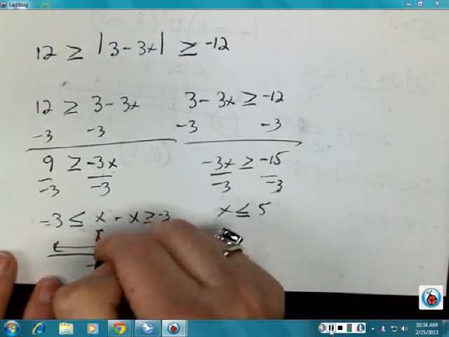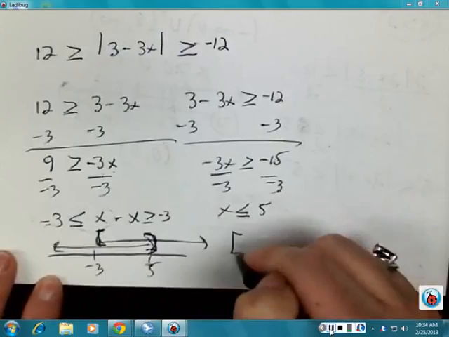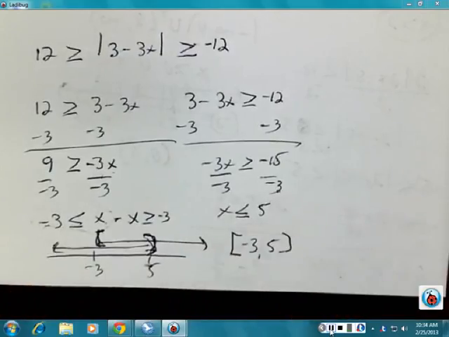Yep, you do. I wrote the wrong thing. You use brackets. So my answer is a bracket, negative 3 to 5, with a bracket. I wasn't keeping track of my equals. It's always easy when we do it in class.